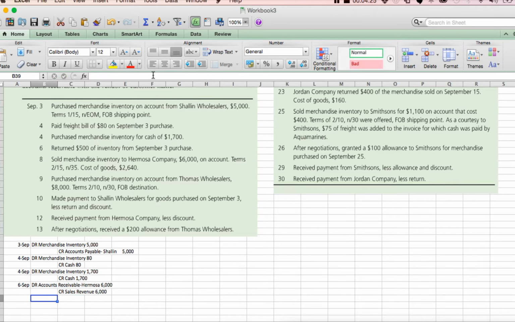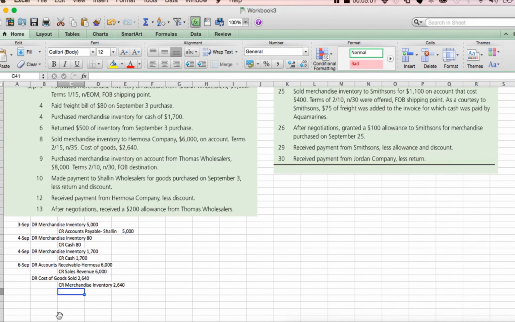And then the second half, again, needs to show that we are recognizing cost of goods sold and that also we're decreasing our inventory. So I'm going to have cost of goods sold as my debit, and that's going to be for $2,640. And credit is going to go to merchandise inventory for the same amount. Okay, so we got two journal entries to take care of that September 6th entry.